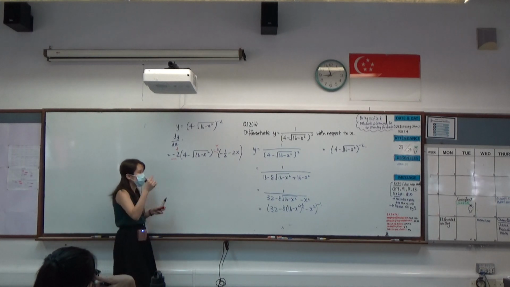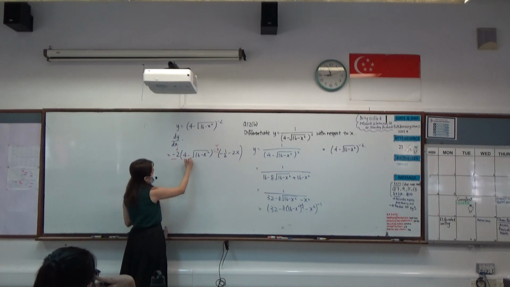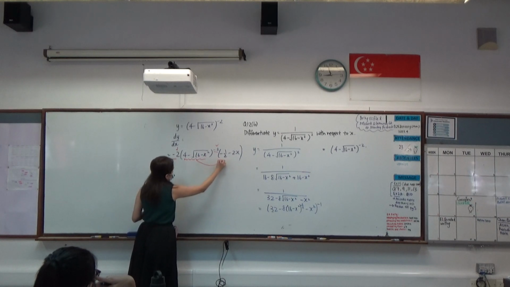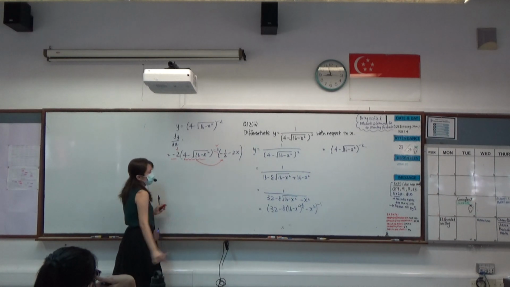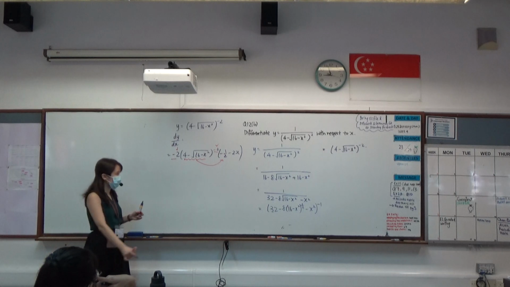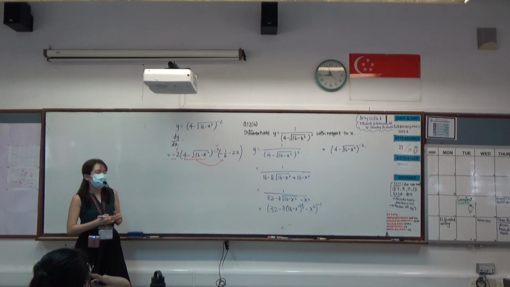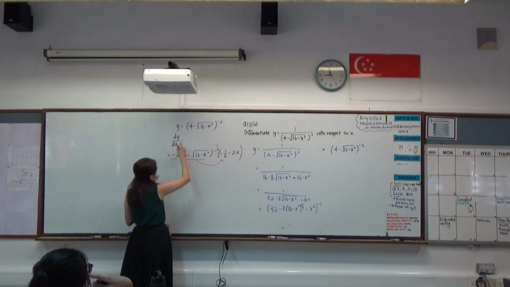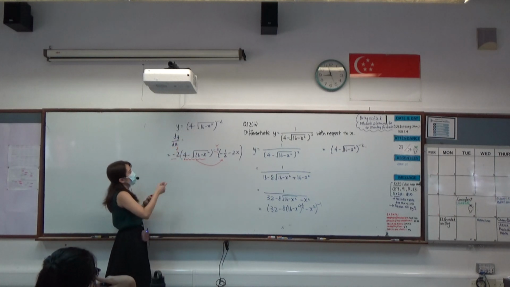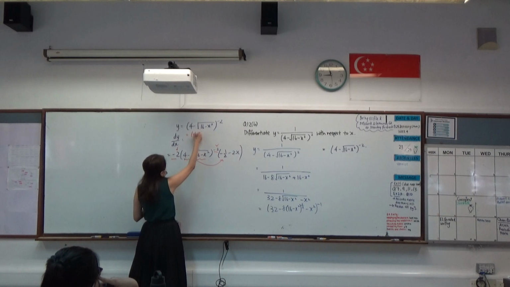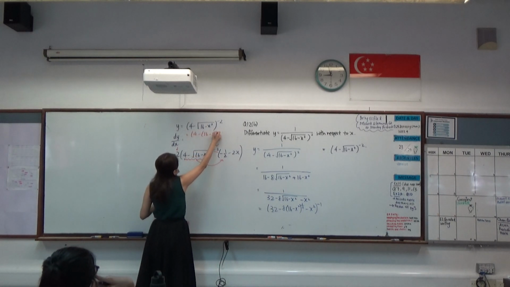Then to complete the chain rule, we need to differentiate this, which is this part over here. So we need to check whether this differentiation is correct or not. Maybe to simplify the way we look at it, we could see it as this.